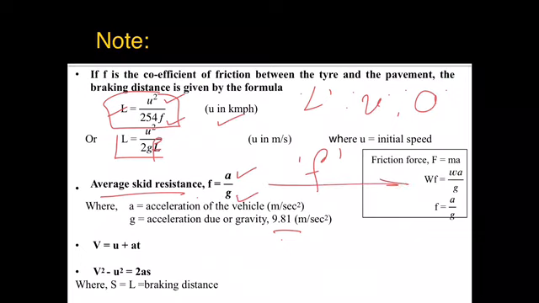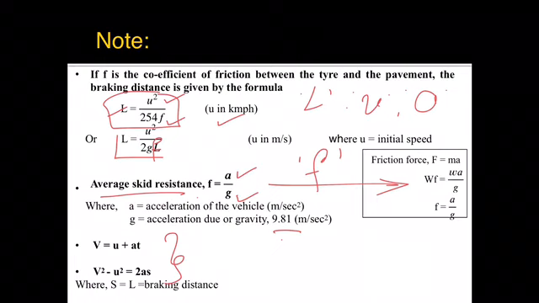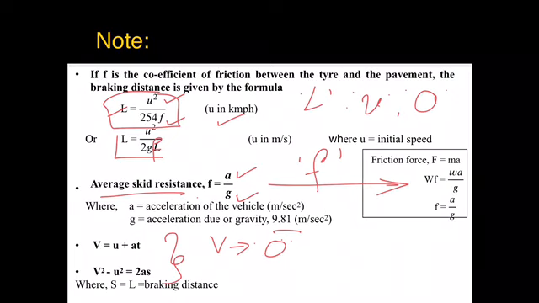So this expression is derived using the fundamentals of the physics equation, F is equal to mass into acceleration. We also have the other two relationships which give you the relationship between the initial speed, acceleration, and the braking distance: V is equal to U plus AT, and V square minus U square is equal to 2AS, where V is the final speed. The final speed will always be 0, because after application of the brakes, the vehicle will come to a stop.